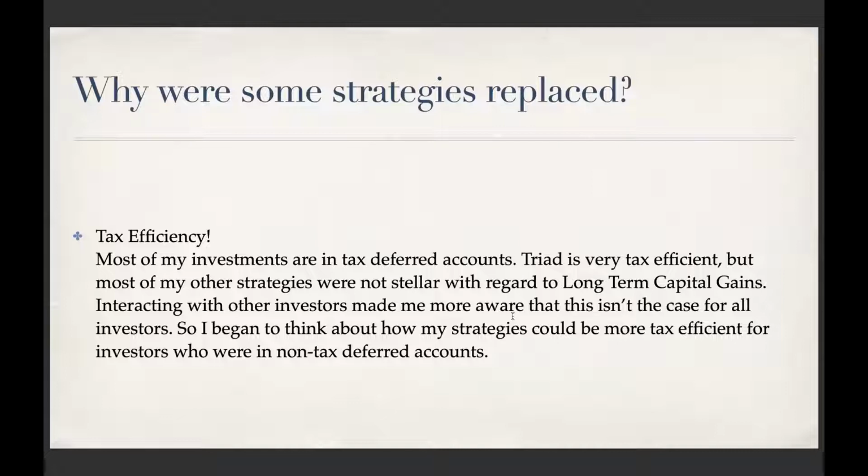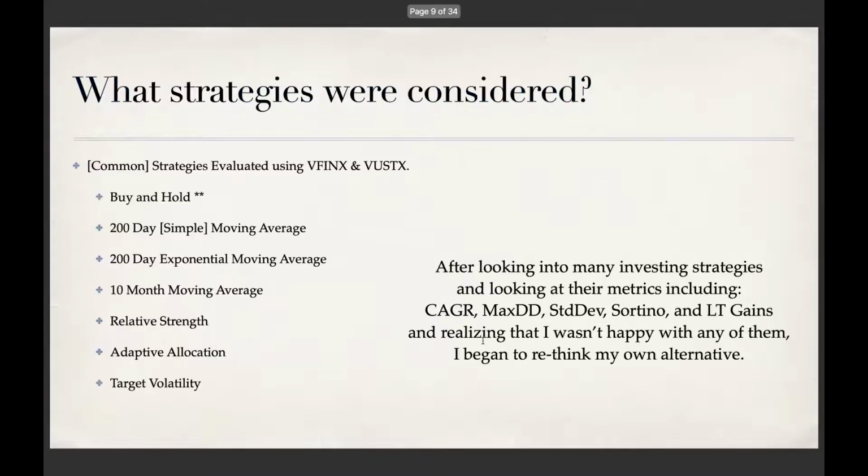So I had a couple people come to me and say, hey, is there a way you can make strategies like the Russell and Global Navigator more tax efficient? That's what drew me to the new LT gain strategies, really just tax efficiency.